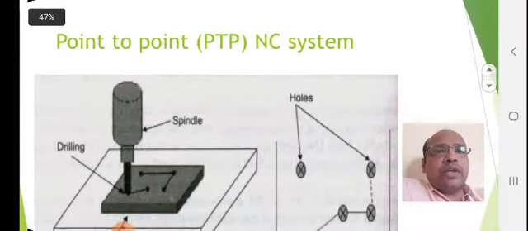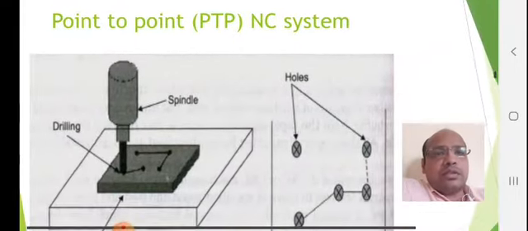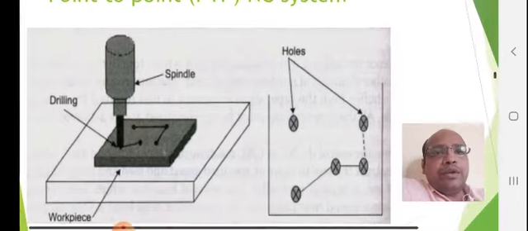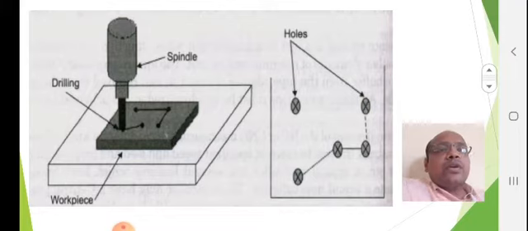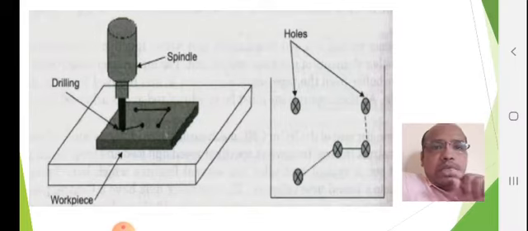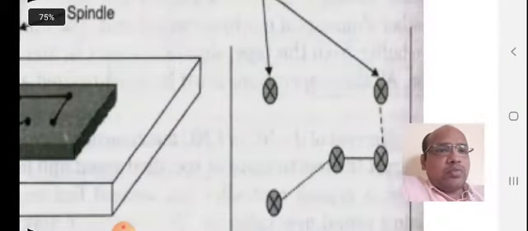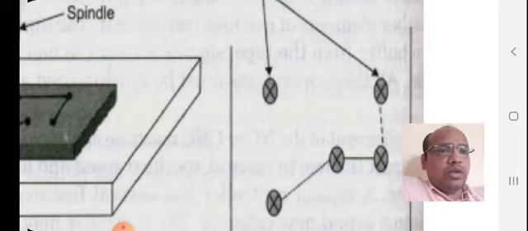So first one is the point to point NC system, PTP. In this point to point NC system, the tool moves from one point to another point in a linear motion. You can see this diagram. These points indicate the motion flow, the motion direction.